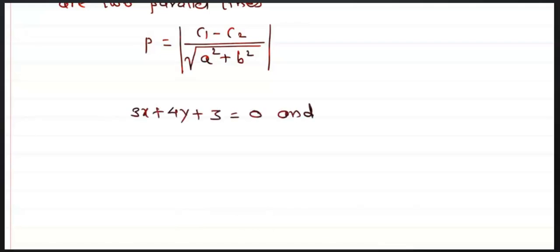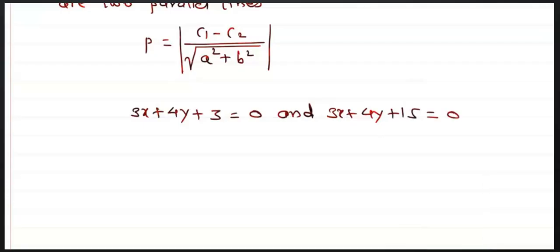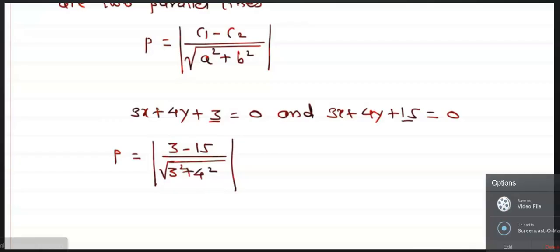3x plus 4y plus 3 is equal to 0 and 3x plus 4y plus 15 is equal to 0. Therefore p is equal to 3 minus 15 upon the square root of 3 square plus 4 square. When the lines are parallel, to find out the distance between the two lines, we apply this formula.